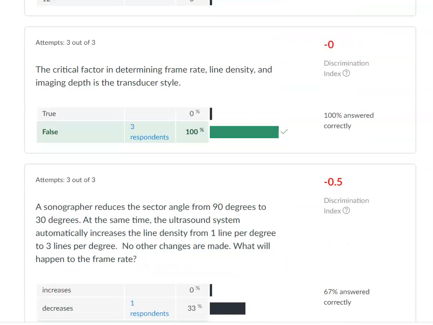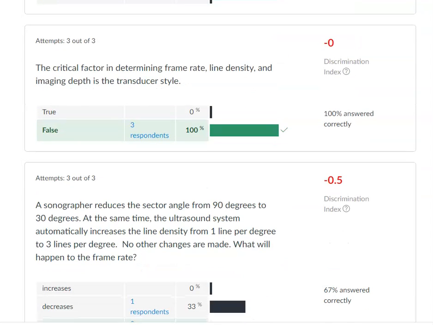Moving on. Is a critical factor in determining frame rate, line density, and imaging depth the transducer style? No. We don't care whether it's linear, curvilinear, or some other type of style. What is fundamental in determining frame rate, line density, and imaging depth is different for each of these.